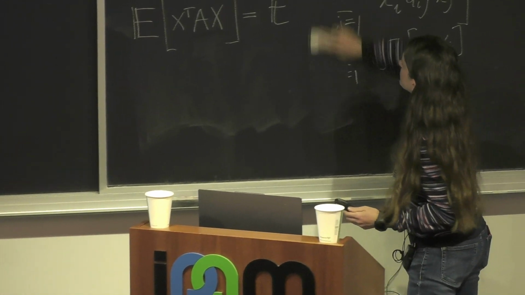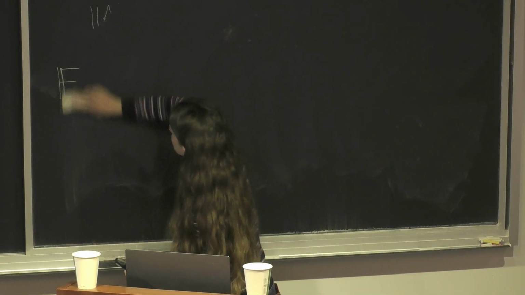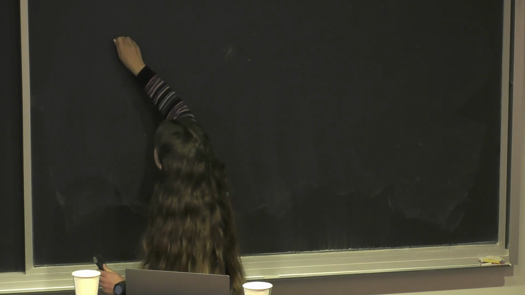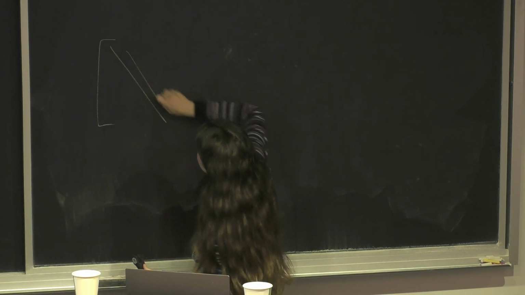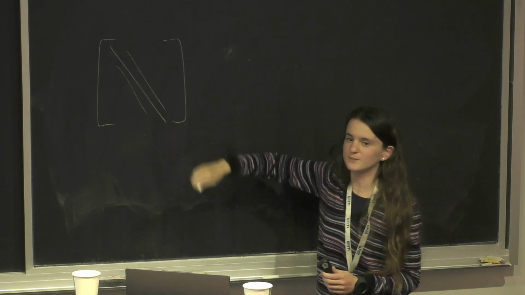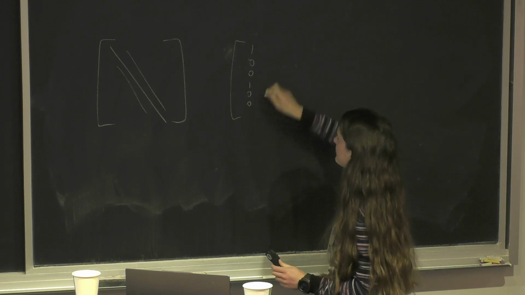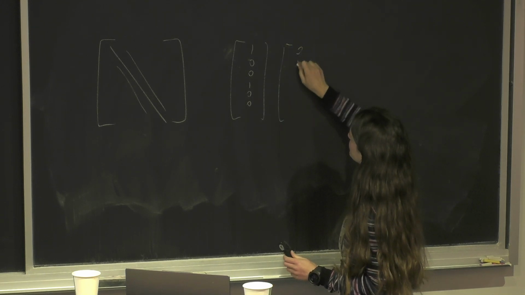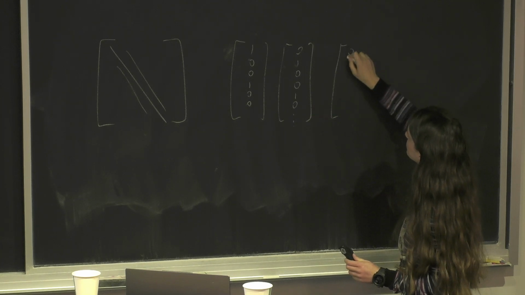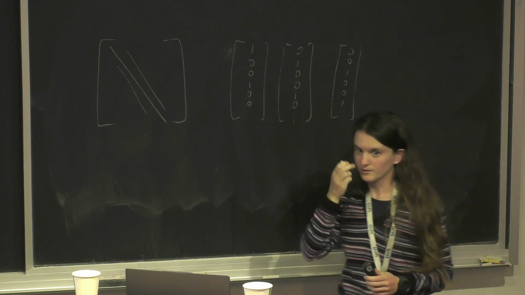Just as an example, assume that you have a tridiagonal matrix. Basically, you can recover the whole of it just by multiplying with three vectors: 1, 0, 0, 1, 0, 0, and so on; then 0, 1, 0, 0, 1, 0, and so on; and 0, 0, 1, 0, 0, 1, and so on.